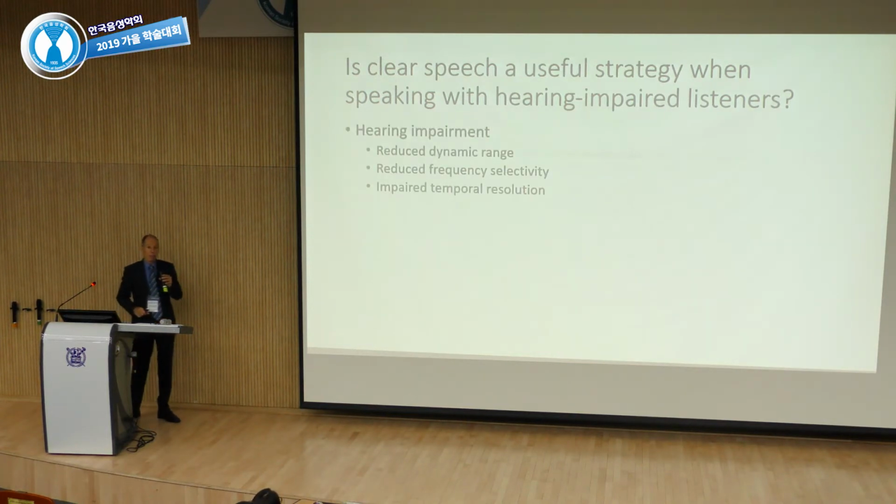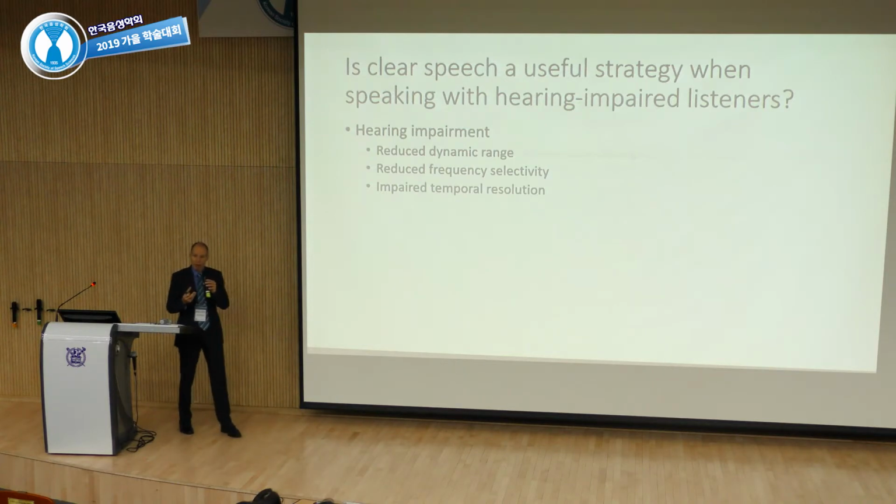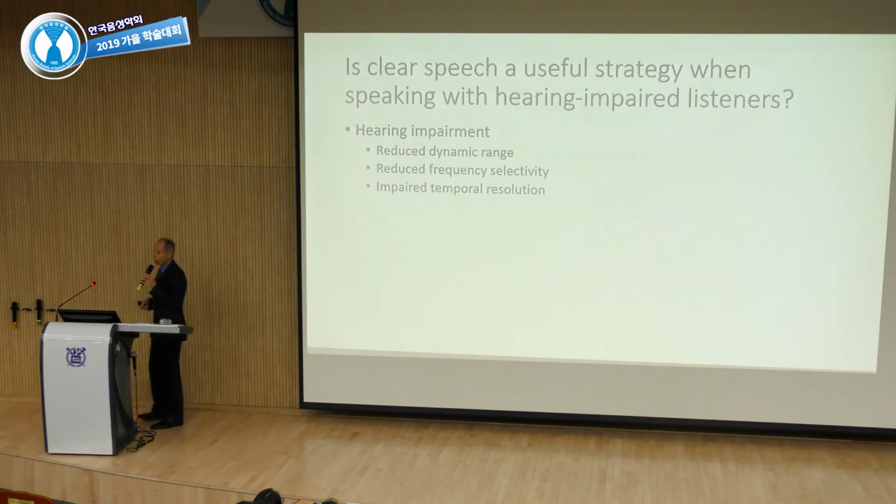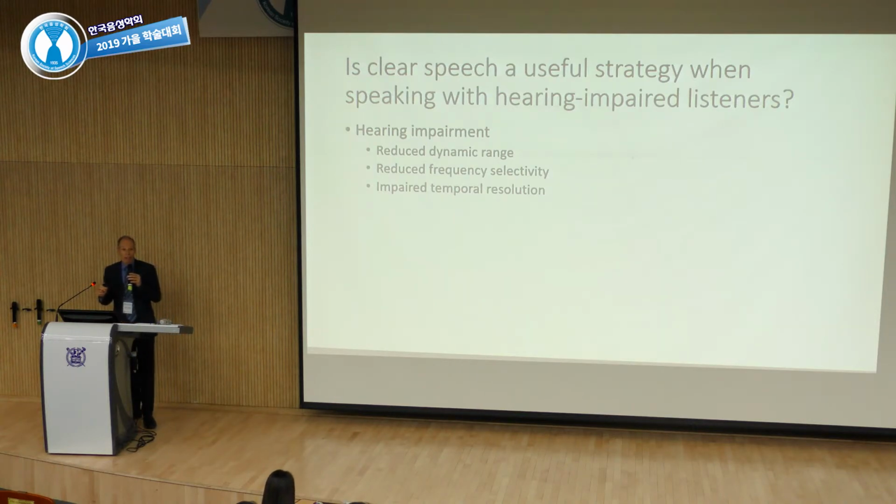The thing with a hearing impairment is that it's a conflation of a lot of different components. You could have reduced dynamic range, you could have reduced frequency selectivity, you could have impaired temporal resolution. All these things are probably at play in a hearing impairment. So what we chose to do was have a simulated hearing impairment.